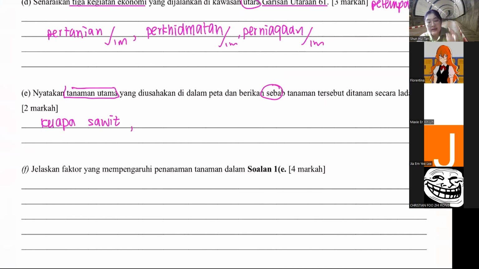Now, why they plant a lot of kelapa sawit? You see, why we plant a lot of a particular plant? Normally for money, or you can say because a lot of people want it, a lot of people need it.